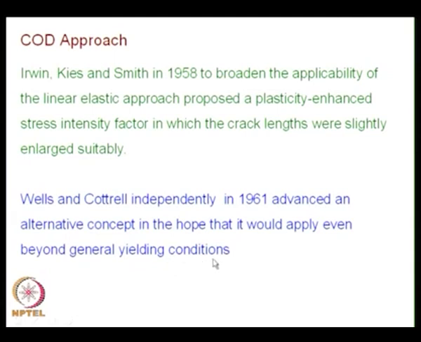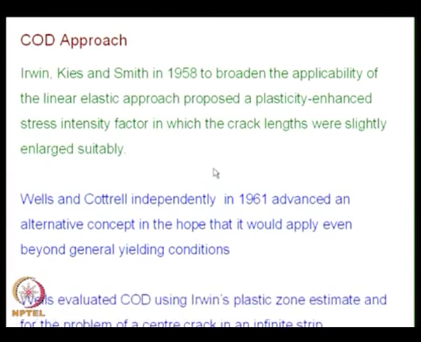We would take this when we discuss the J integral, and another measure for elastoplastic fracture mechanics is the COD approach. We will just see that these two approaches were there to understand the plastic deformation near the crack tip. And from the result of Irwin, Wells evaluated the crack opening displacement, and here it is used in a different context.